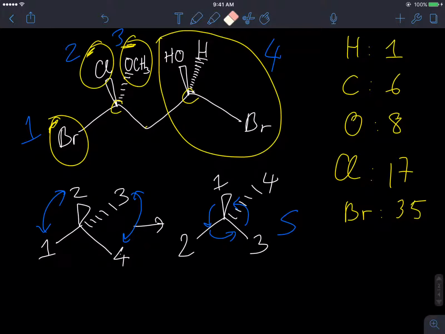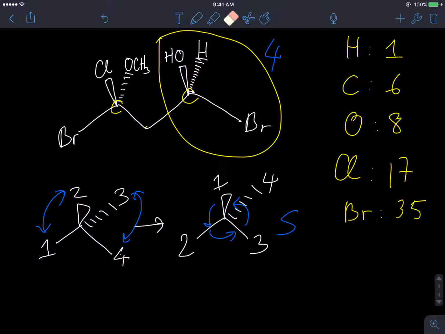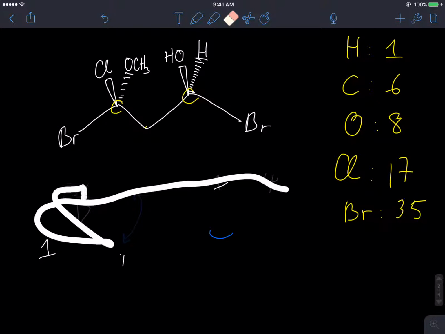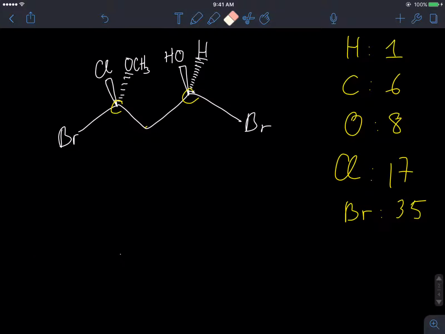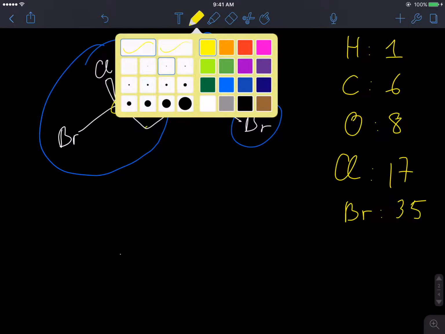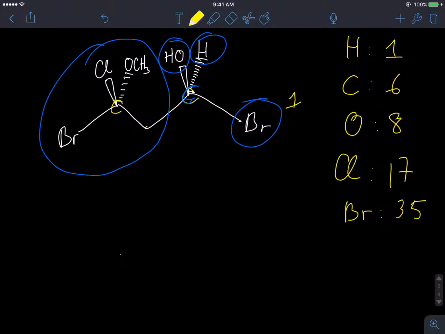And next, what else is a stereocenter? The carbon right here is a stereocenter. So we have 1 group right here, and groups 3 and 4. So bromine first, and oxygen, and then number 3 and number 4.